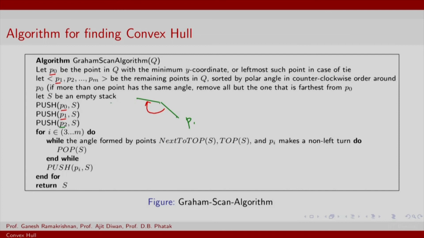So what was P3 is now basically Pi, what was P2 is the top of the stack S, and what was P1 is now the second last element of the stack. We retrieve that second last element by this call, next to top of S.